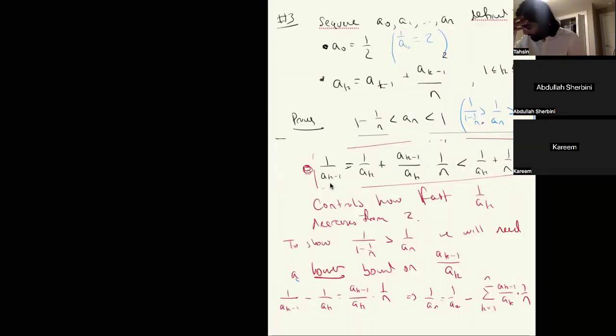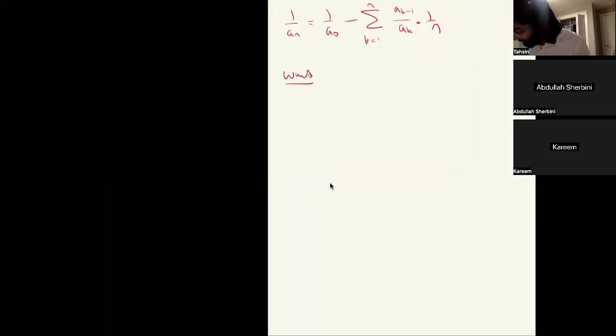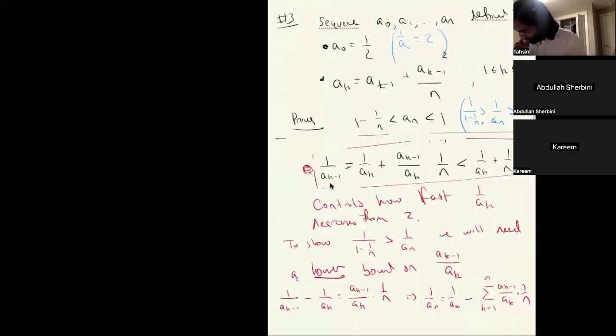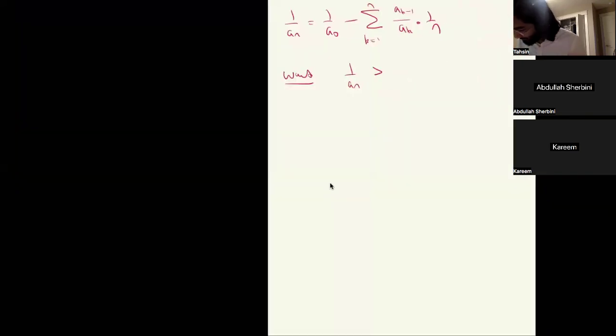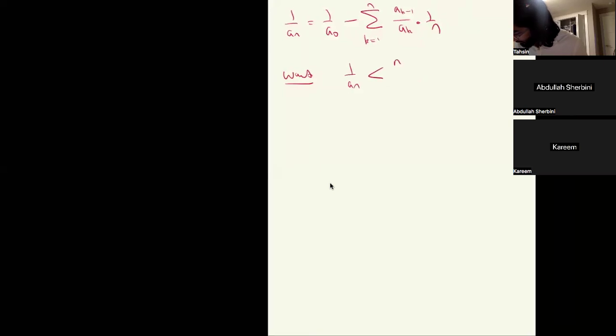So this is what we get from the recurrence. And now we want 1 over an to be greater than, rather less than, n minus 1 over n, right? That's what this will be.